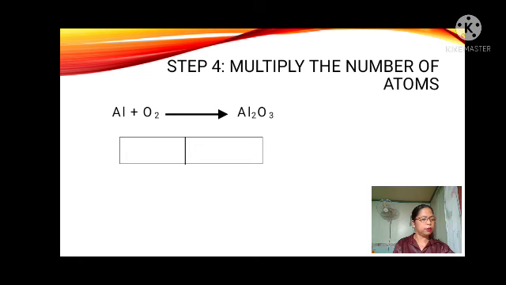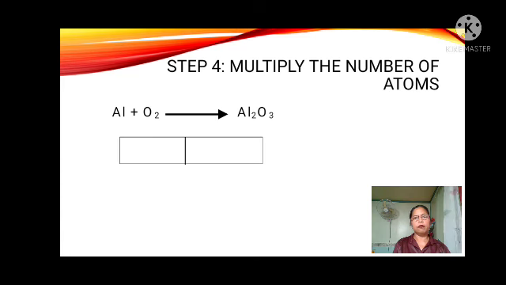As we can see, the multiplication of the atoms on the reactant side will affect both elements on the product side.